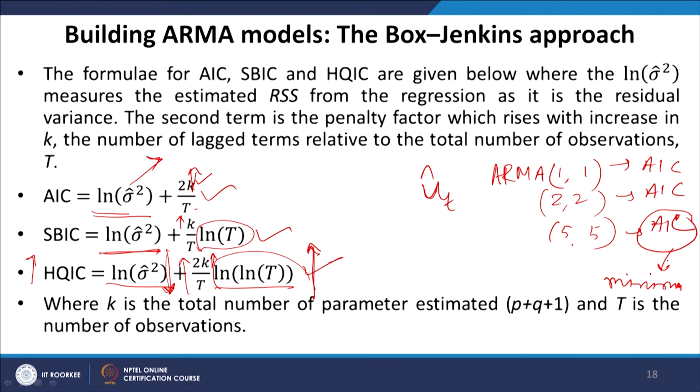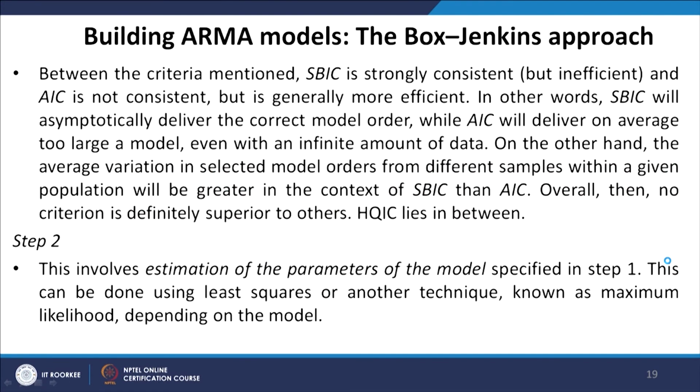Now, here k is the total number of parameters estimated or variables considered, lag lengths considered. So, this equals p plus q plus 1, and T is the number of observations. Between the criteria mentioned, SBIC is strongly consistent but inefficient, and AIC is not consistent but is generally more efficient. What does it mean? This means that SBIC will asymptotically deliver the correct model order.